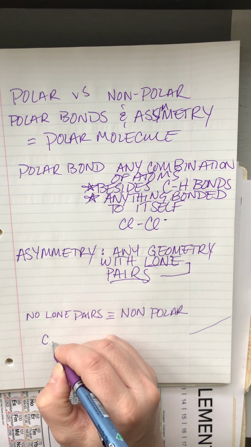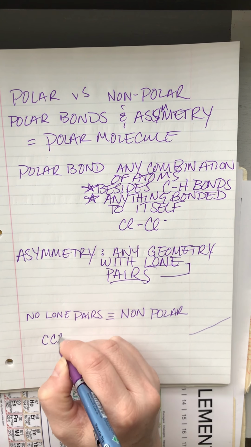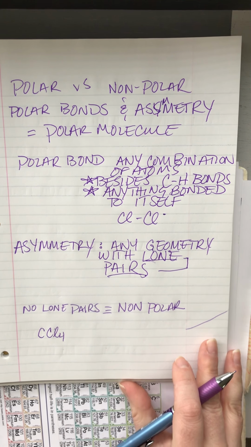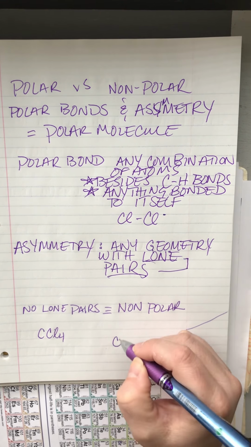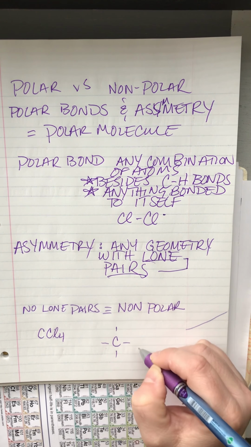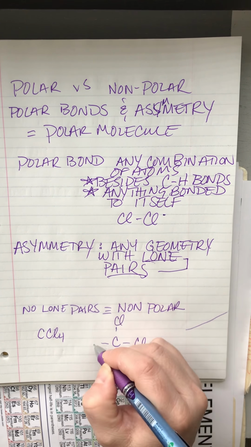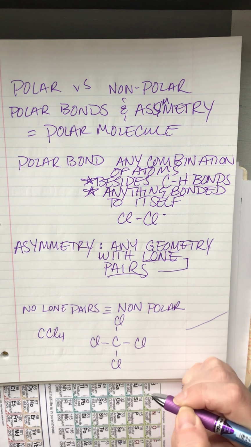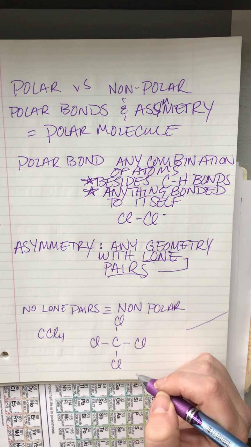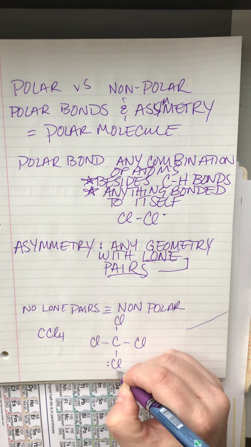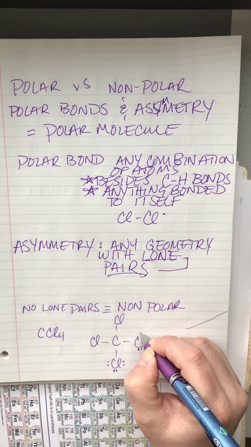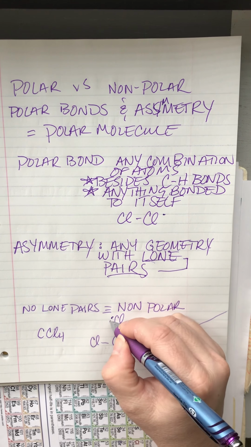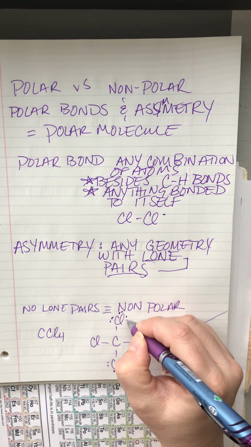So for example, carbon tetrachloride has carbon in the center and all of the chlorines around the outside. I'm doing this kind of quick and dirty, so if this is a little fast for you, that's okay. I just want to make sure that everybody understands symmetry versus asymmetry.